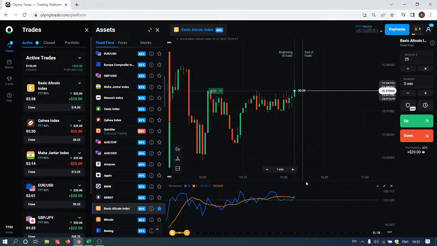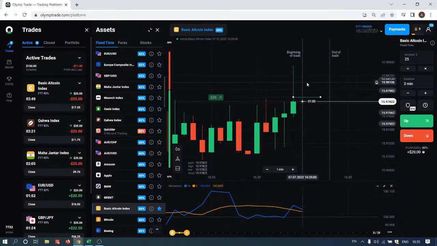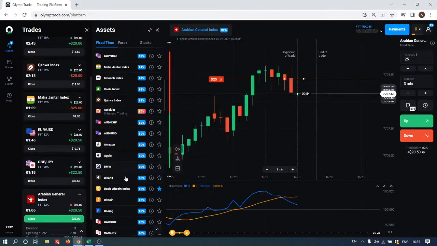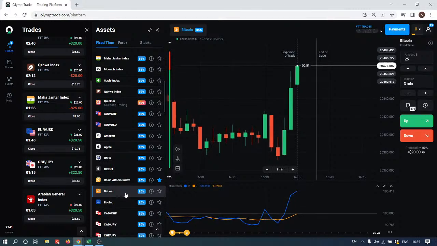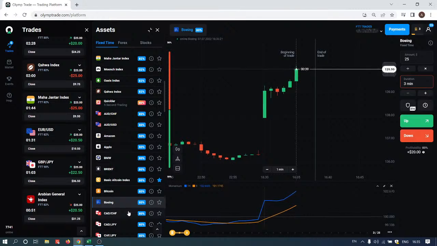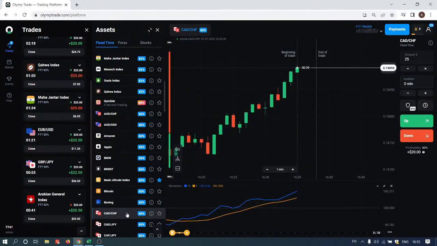Basic altcoin index. All right, the signal has just appeared. It's a fresh signal, so let's open a trade up. All right, five trades from 6 trades.